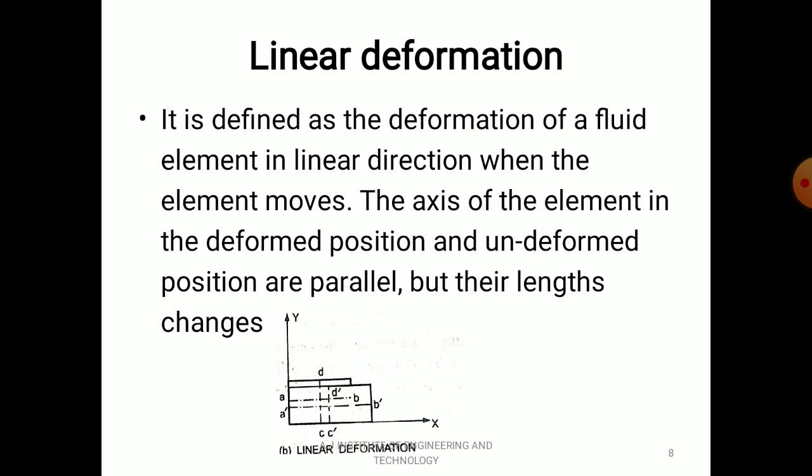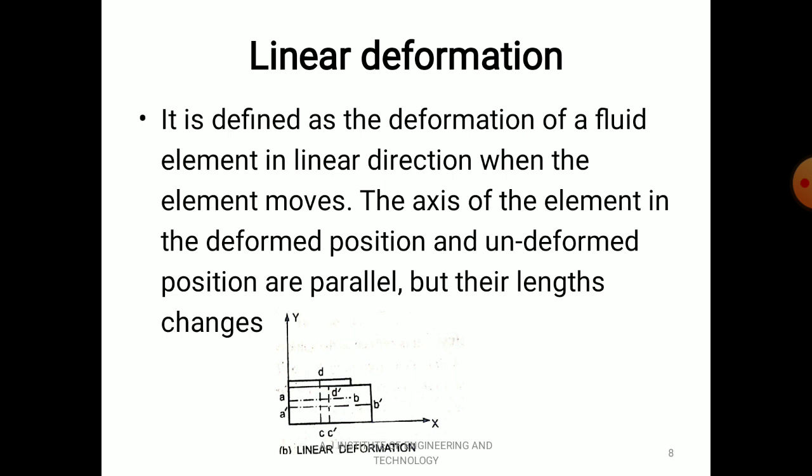Now let us go for linear deformation. It is defined as deformation of a fluid element in a linear direction when the element moves. The axes of the element in the deformed position and undeformed position are parallel, but their lengths change. It is similar to the motion along a longitudinal direction. You can see there initially the fluid element has axes AB and CD.